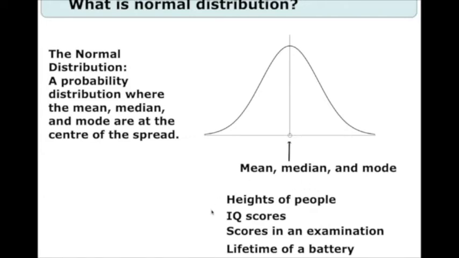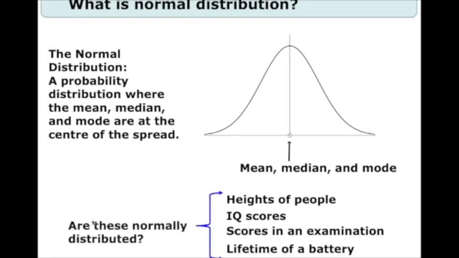Here are some sets of data that come from the height of people, IQ scores, scores in an exam, and lifetime of a battery. How do we know whether any of these is following a normal distribution, or normally distributed?